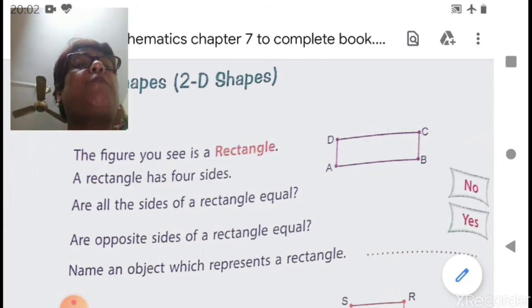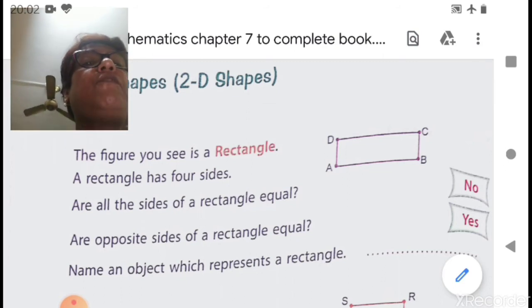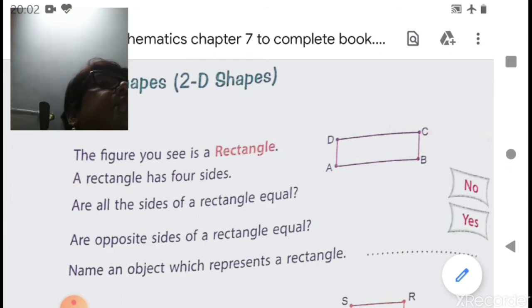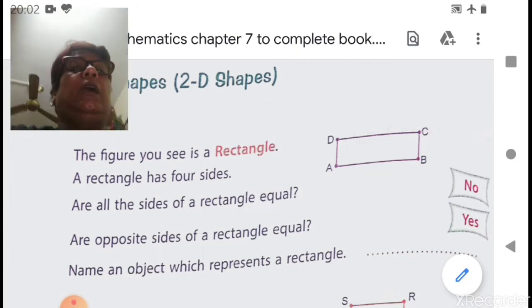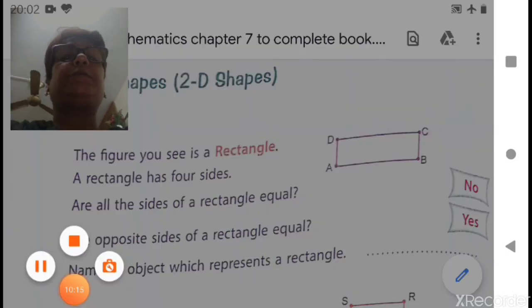No. Opposite sides of a rectangle are equal. Now name an object which represents a rectangle. So any plain surface, like one side of your book, its shape is rectangle only. So this is an example of rectangle shape.